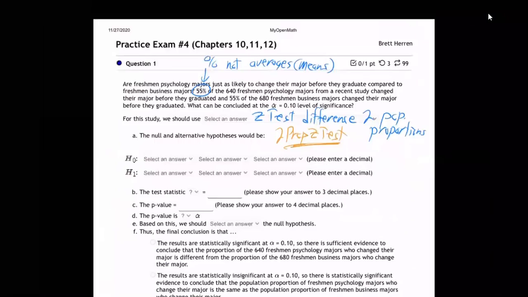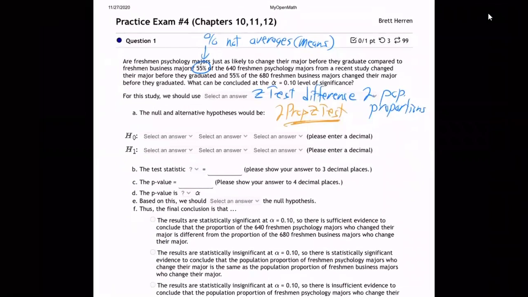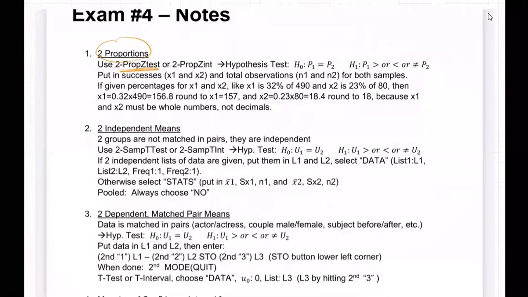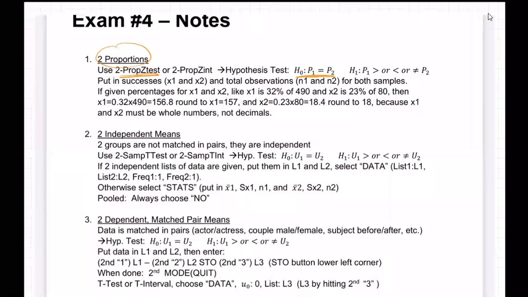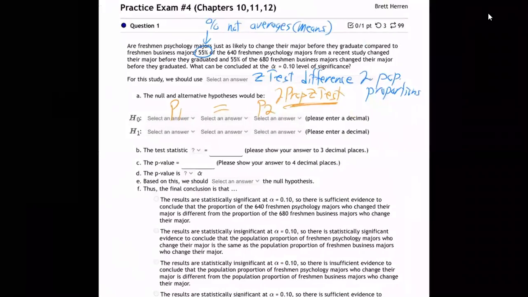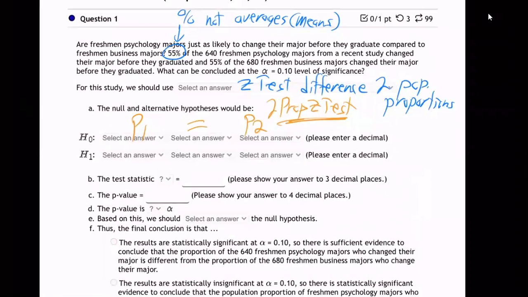All right. So we know that, and then come down here, it tells us p1 equals p2. Where do I know that? Right here. The H0 is p1 equals p2, and then the H1 is one of these 3 options. How do we know which one? Well, we have to get that from the words.